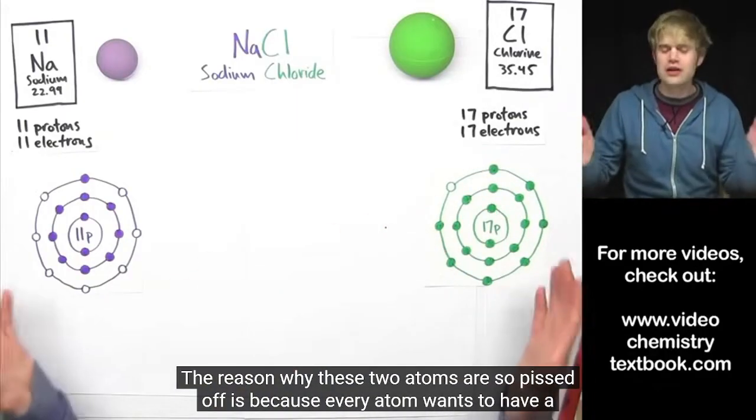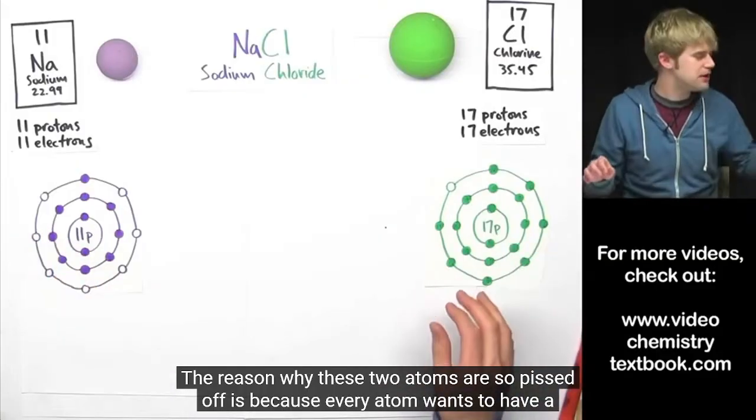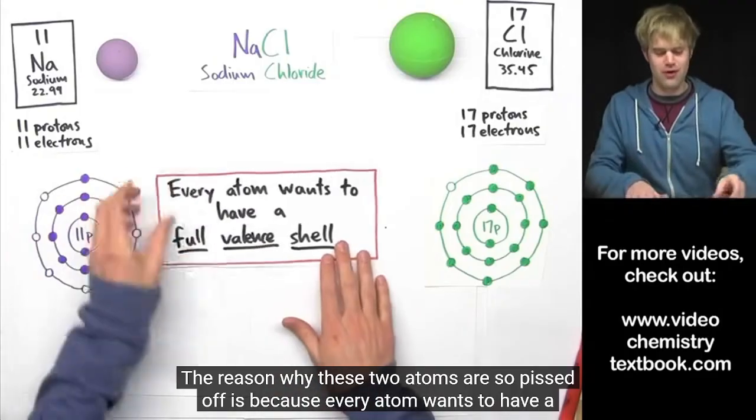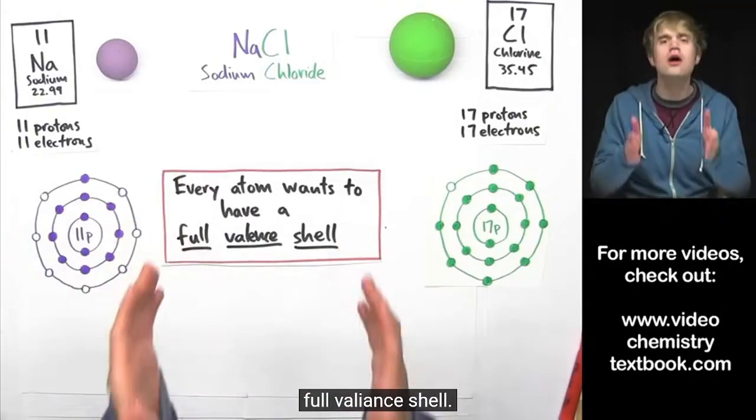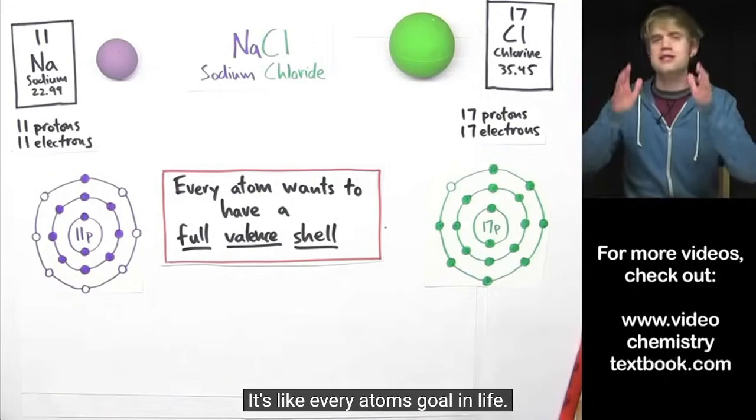The reason why these two atoms are so upset is because every atom wants to have a full valence shell. Okay, so we can fill that in on our handout there. Every atom wants to have a full valence shell.